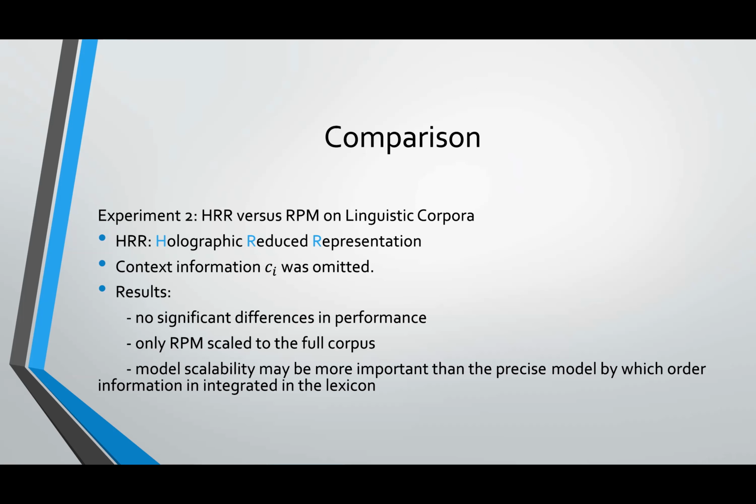But a big distinction became clear when it came to scalability. Only the RPM model was able to scale effectively on the full corpus of data. This ability to handle larger data sets is a very large advantage, especially in real-world applications when it comes to massive amounts of text that needs to be processed, which is often the case.